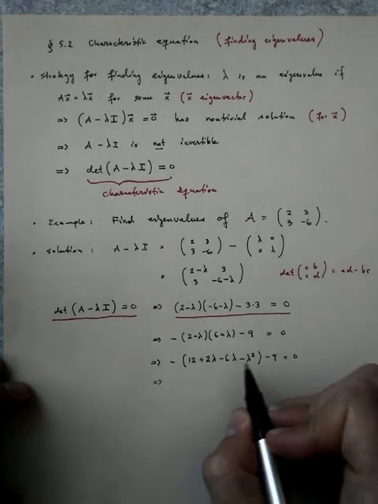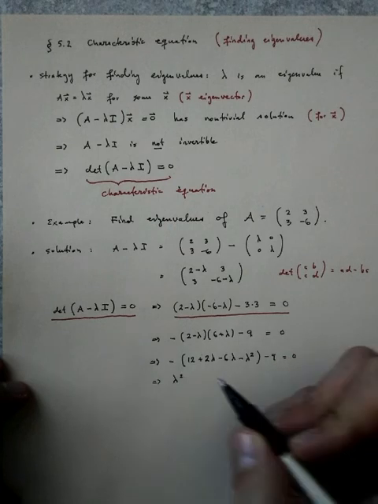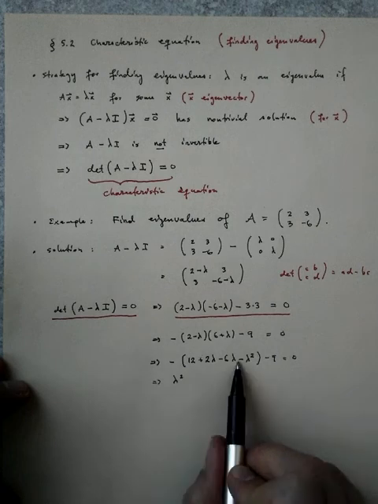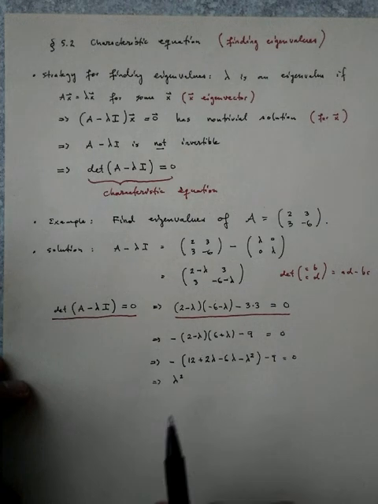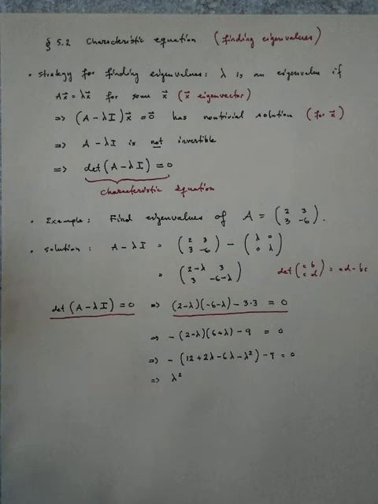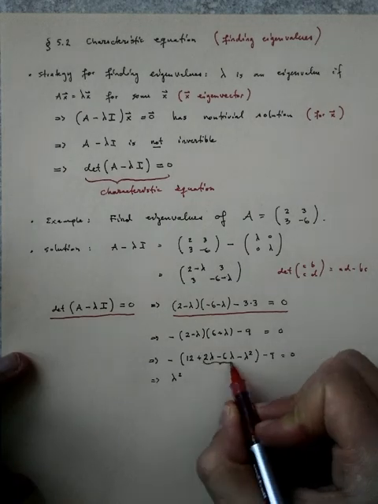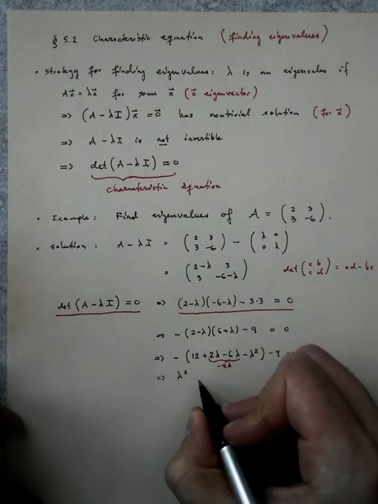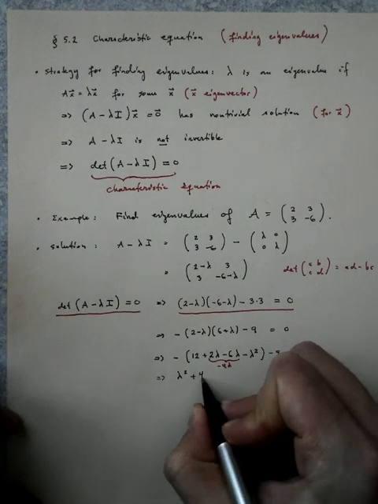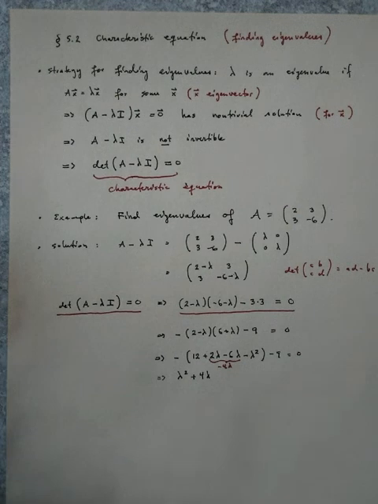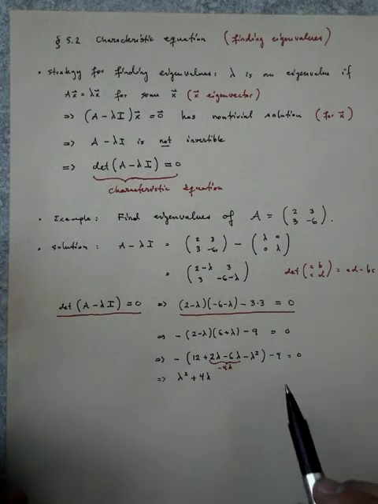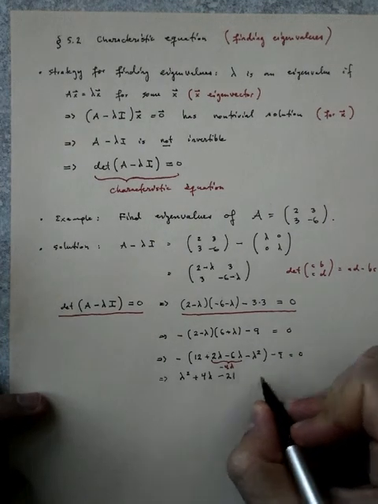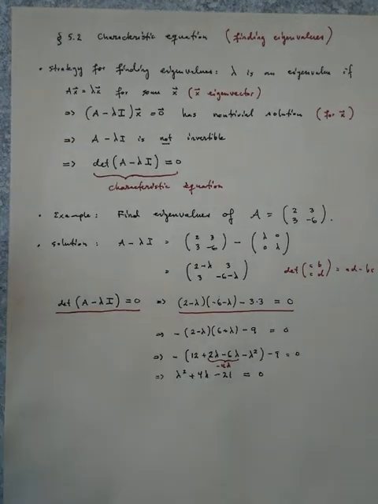Okay, let's write this. So I have positive lambda squared because it's going to be negative, negative. This here is negative 4 lambda, and then when I distribute the negative it will be positive 4. And then I have minus 12 and minus another 9, so that's minus 21, equals 0.